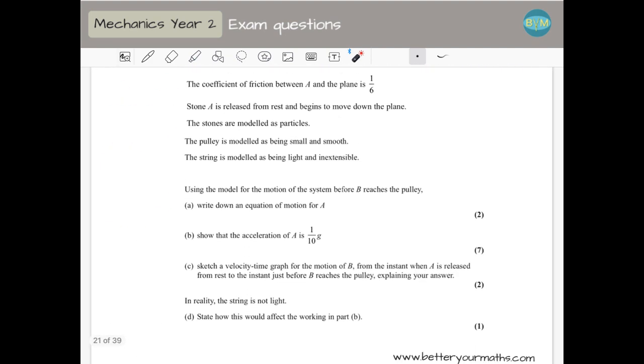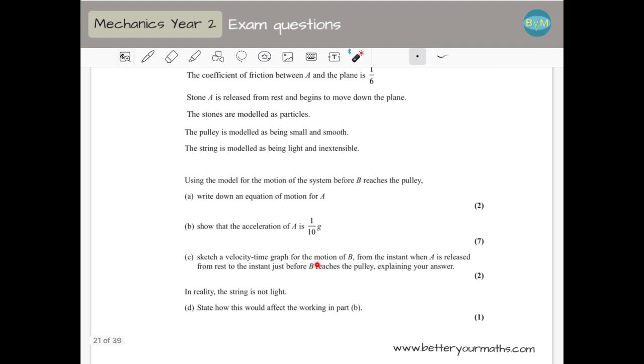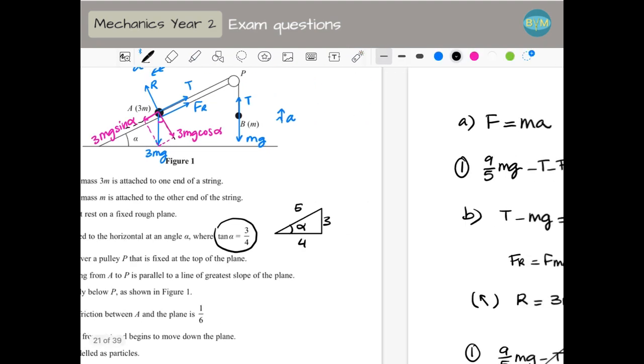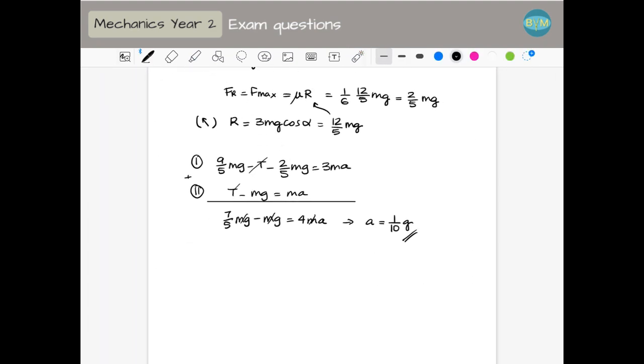Then, sketch a velocity-time graph of the motion of B from the instant when A is released from rest to the instant just before B reaches the pulley. B is this one. It starts at rest and it just accelerates with this acceleration. So it's constant acceleration, the forces are not changing. So my velocity-time graph is going to be just a straight line, because it's constant acceleration motion.